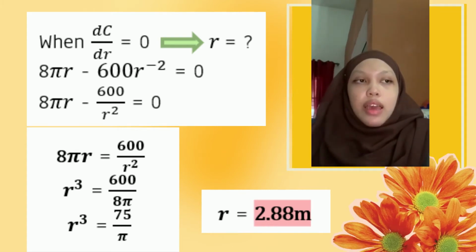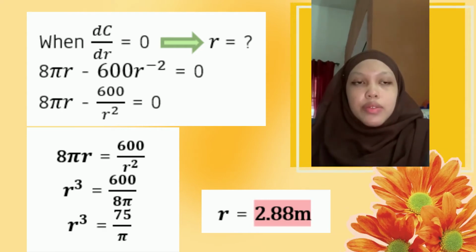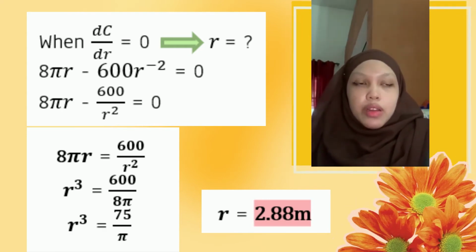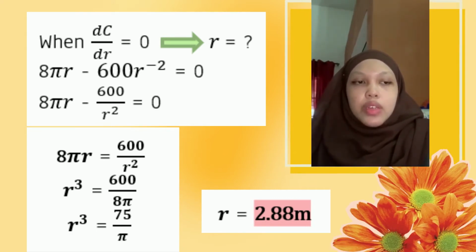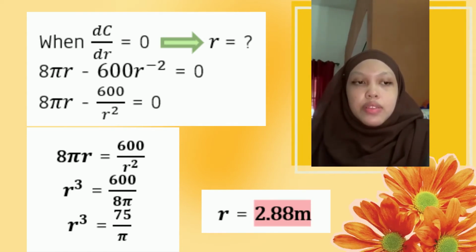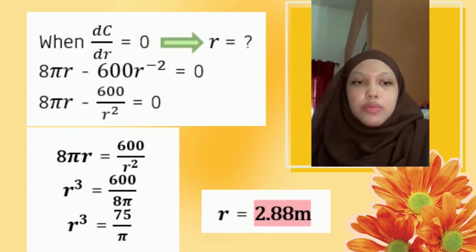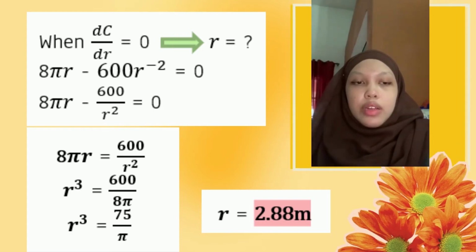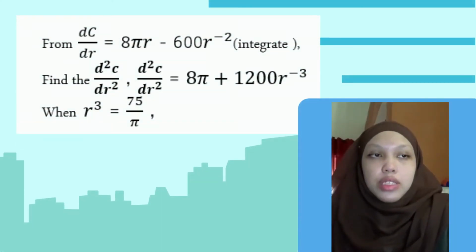So we get 8 pi r minus 600 per r squared equals 0, and then 8 pi r equals 600 per r squared, r cubed equals 600 per 8 pi, r cubed equals 75 per pi. So the value of r is 2.88 meter.